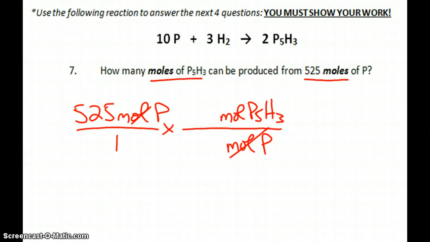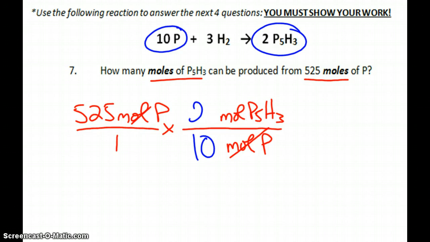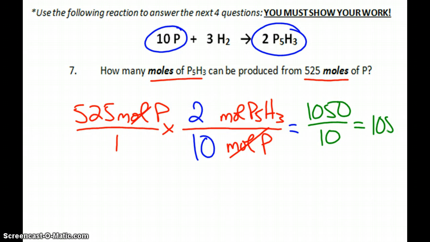I need the mole ratio, so there's 10 P and 2 of the P5H3. And so 525 times 2, so that's 1,050, divided by 10 equals my 105 moles.